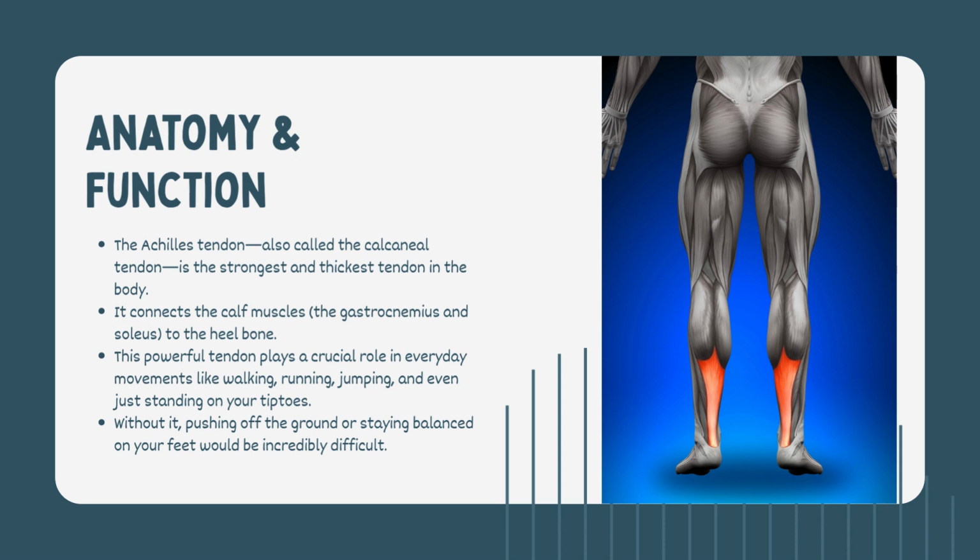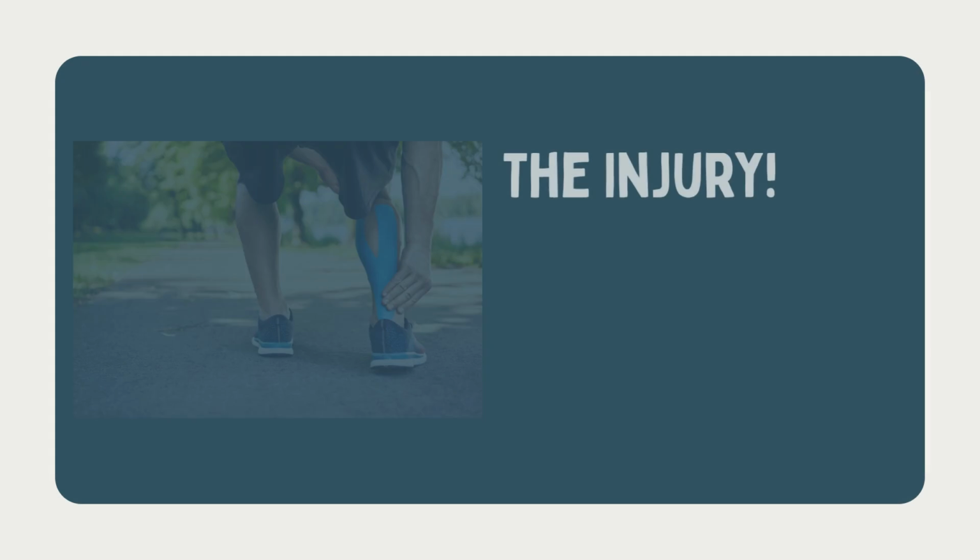Now, this tendon is very powerful and plays a role in everything you do: walk, run, jump, sprint, even when you cut and plant. Without it, you couldn't do any of those things. That's the Achilles tendon, what it is, where it's located, and what it does.